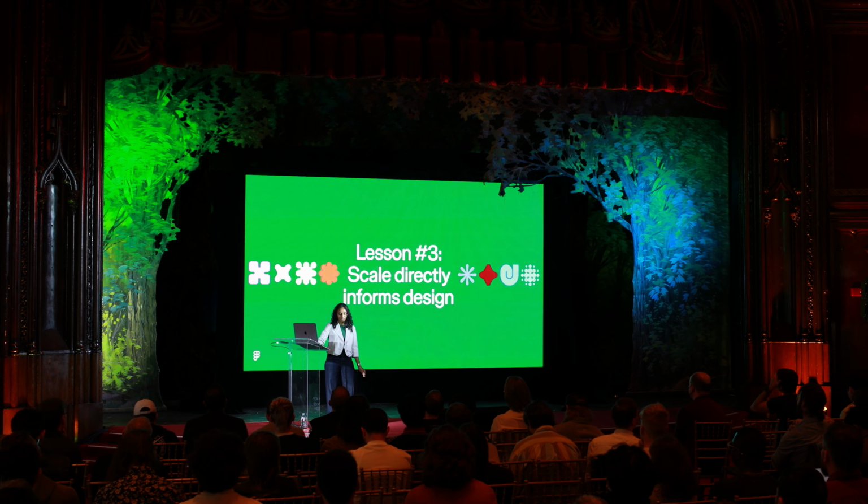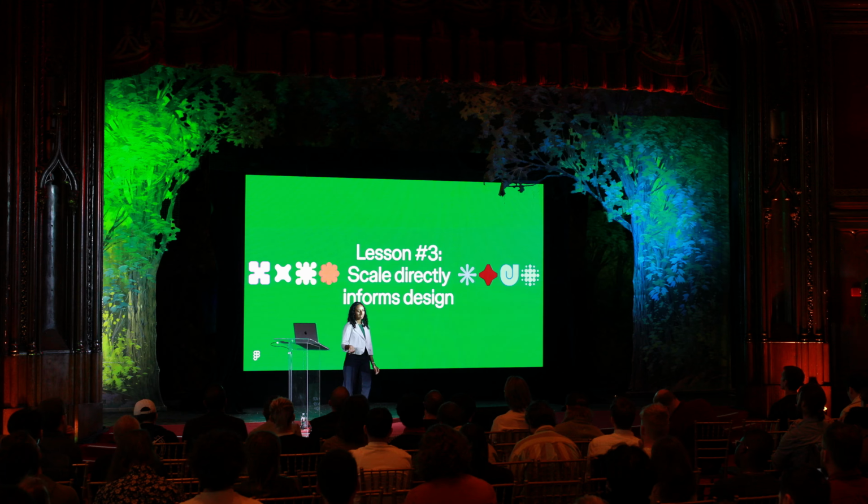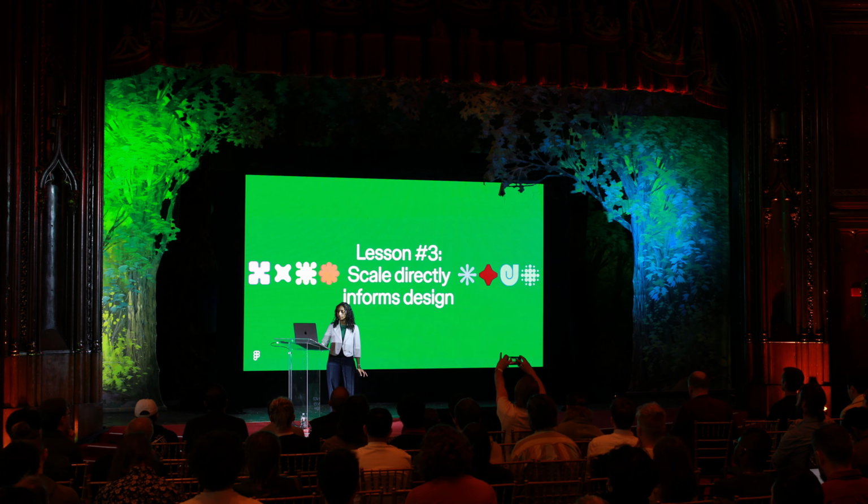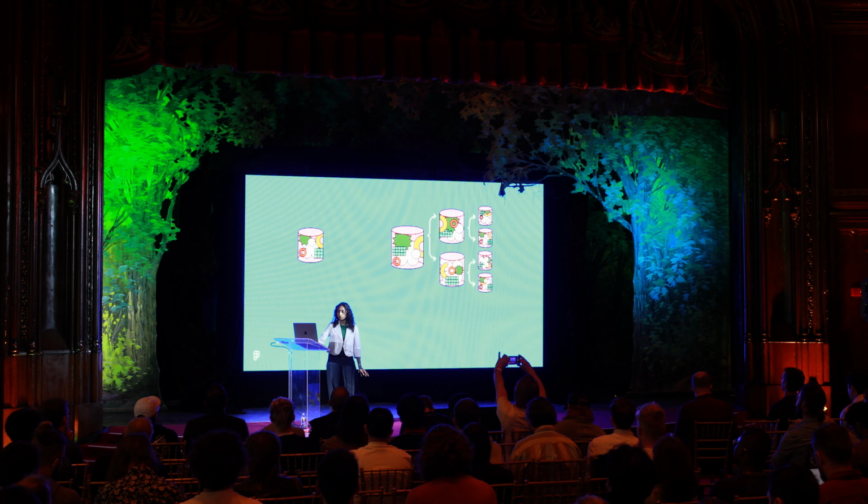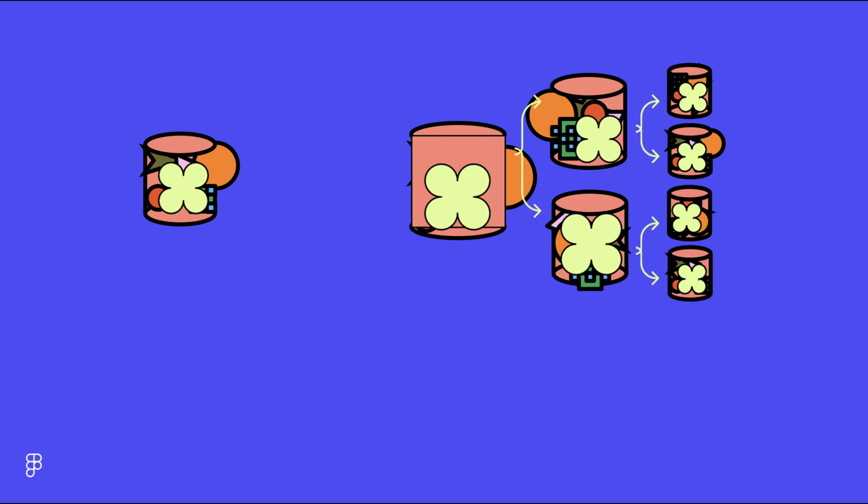Which leads me to my third lesson, which is that scale directly informs design. It seems very obvious when I say it, but there are a couple of interesting examples of how this played out in LiveGraph's evolution. So when LiveGraph was first created, we were running all of Figma on a single Postgres instance.